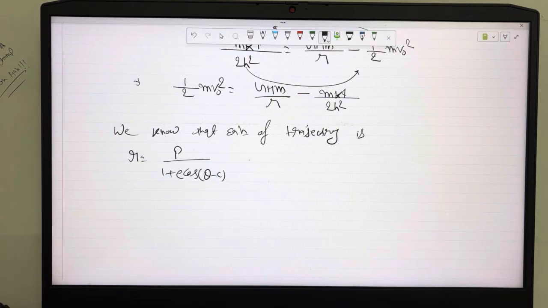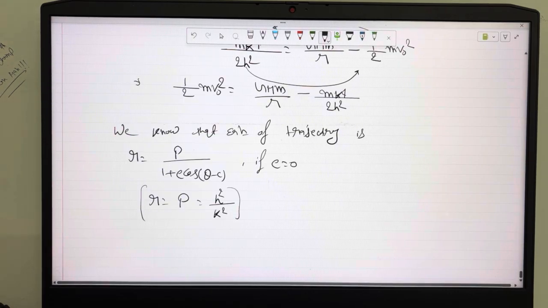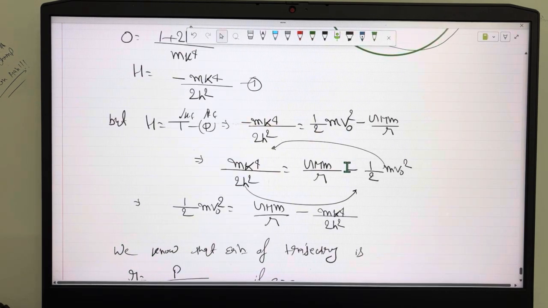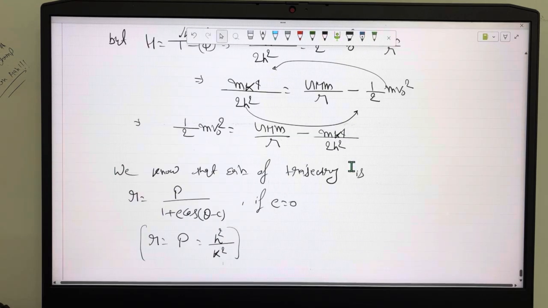So if e is 0, then r is equal to p, which is your h square by k square. I have told you already this value of p. Now substituting this in equation 2. Let's suppose this is your equation number 2. Substitute here.